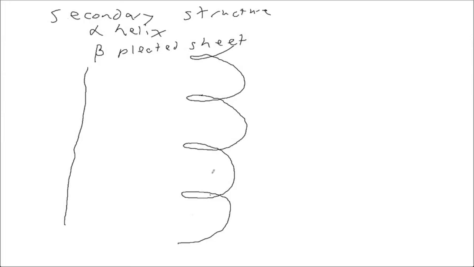I'm not sure you remember from class what this is. Take a guess. What do you think is the type of interaction that's holding the alpha helix in this spiral shape? Disulfide bonds. Not a bad guess, but that turned out to be incorrect. It's not the disulfide bonds. What it actually is, is hydrogen bonds.